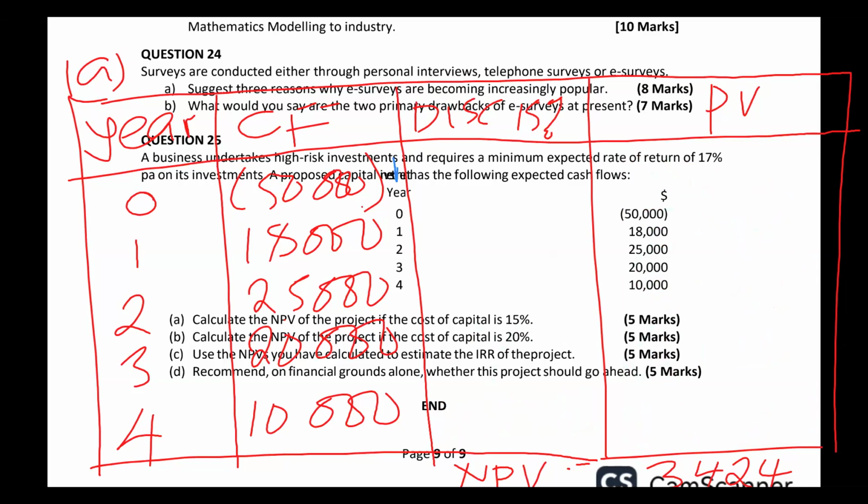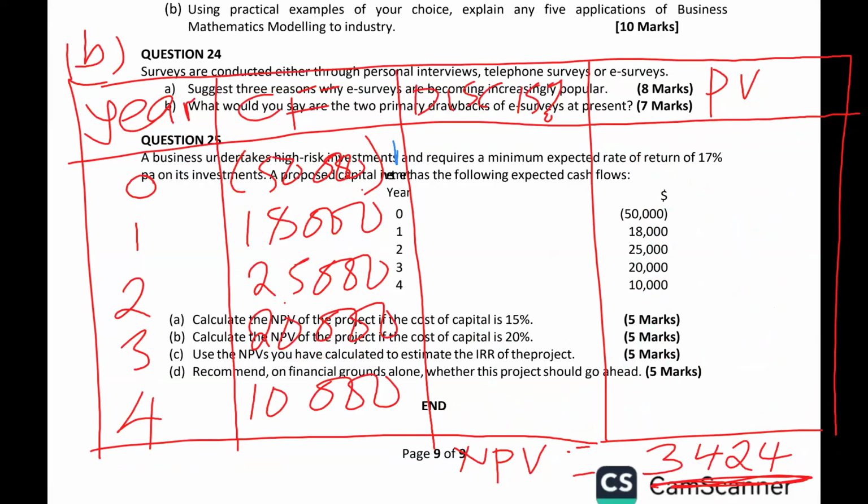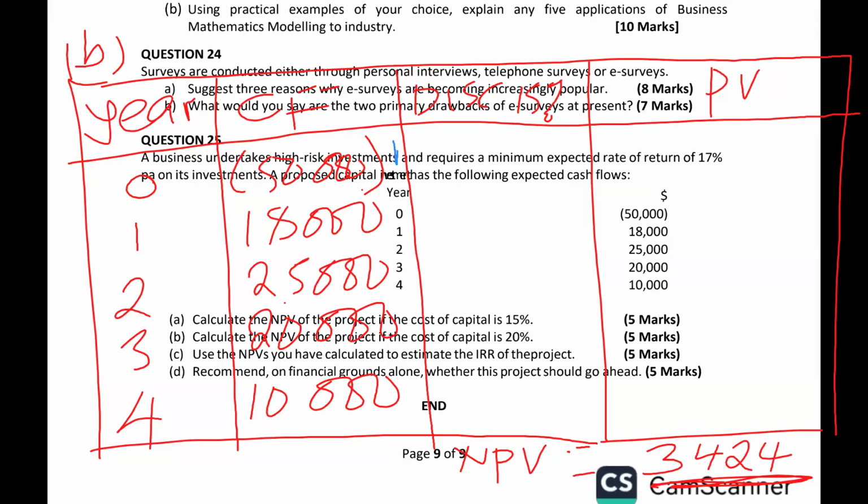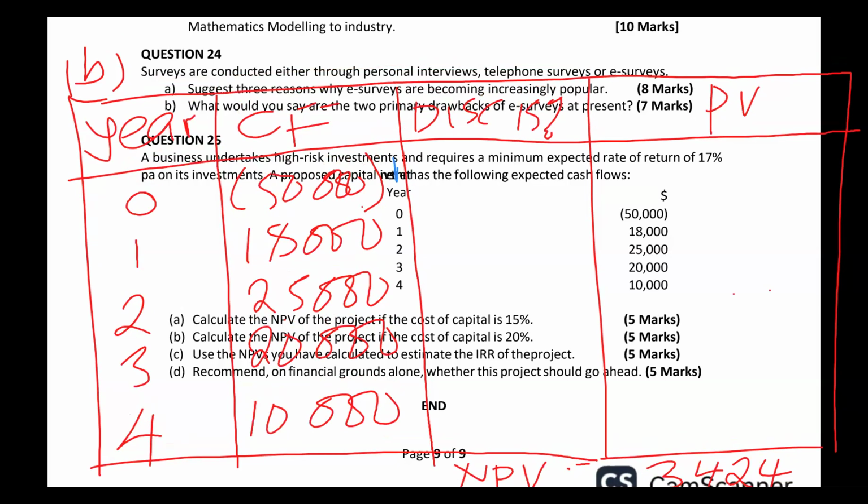We are on B now. Let's proceed on part B, and we are using 20%.